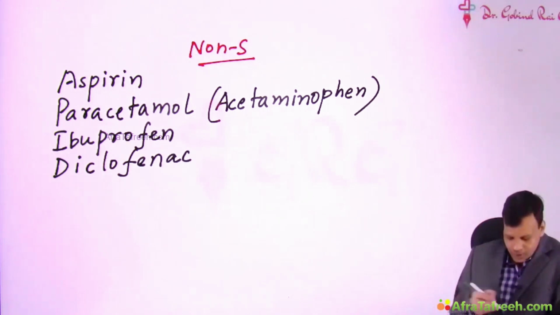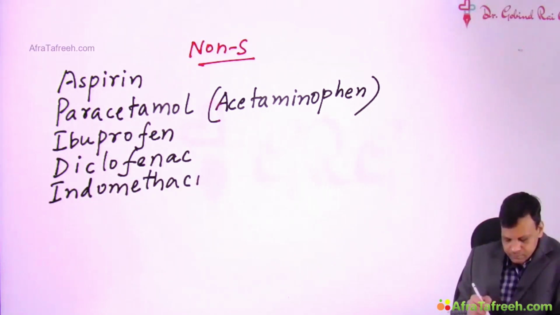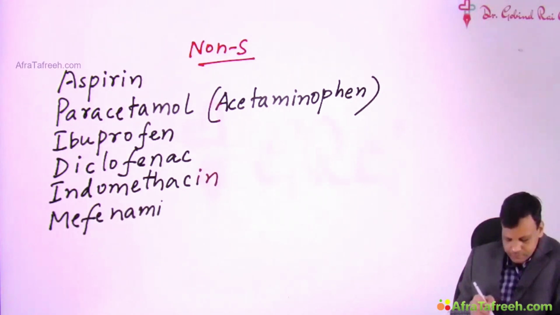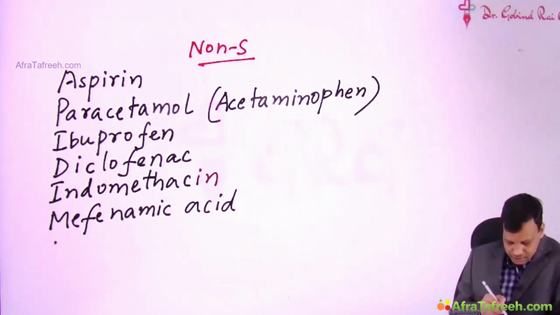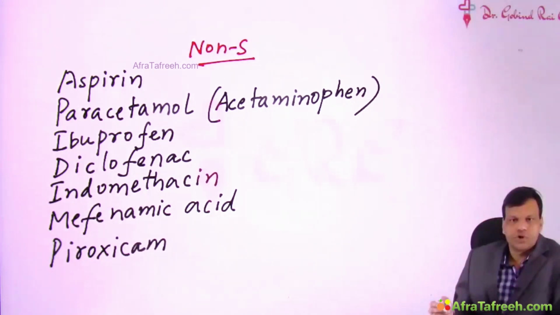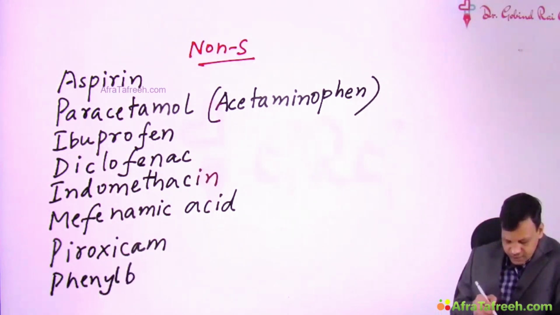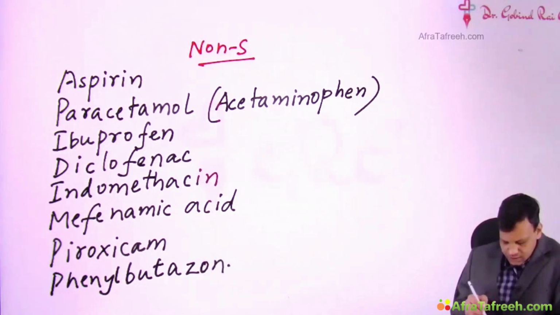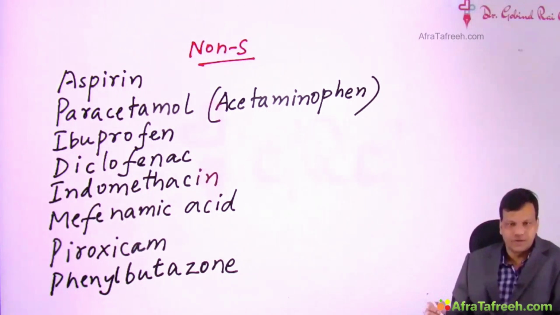We have indomethacin, mefenamic acid, then drugs like piroxicam, and phenylbutazone is another drug. So these are some examples of non-selective COX inhibitors.